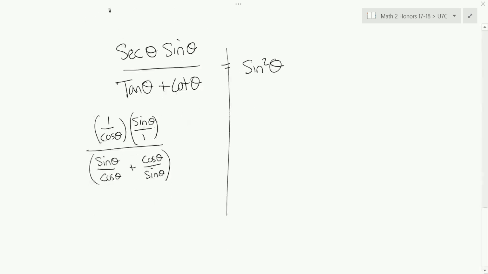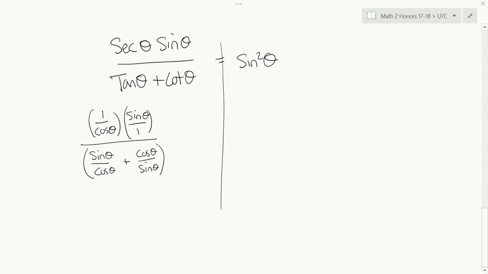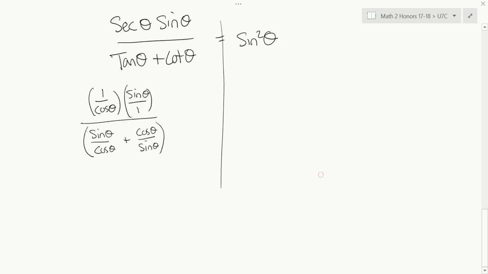And then that numerator, the 1 over cosine times sine over 1, we can change to sine over cosine. Just multiply those fractions together. But how about that denominator? Can we just add those together as is? Do we need to change that?